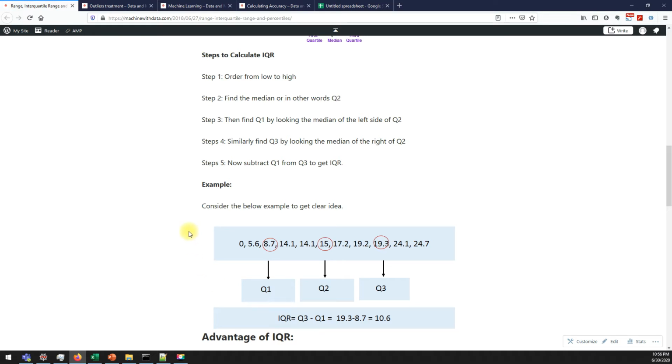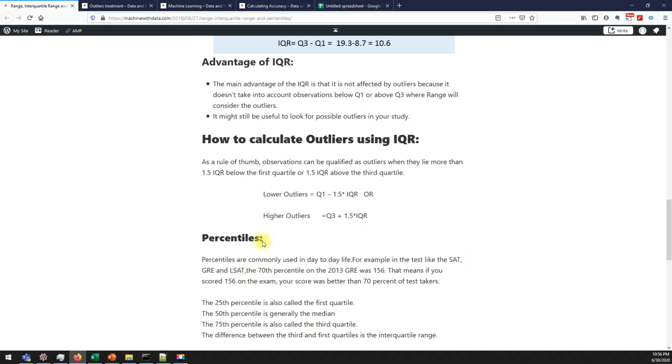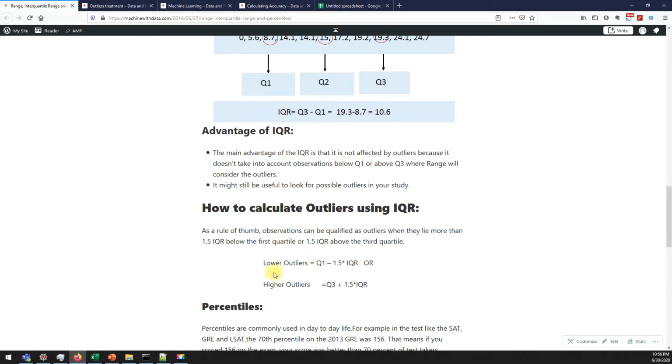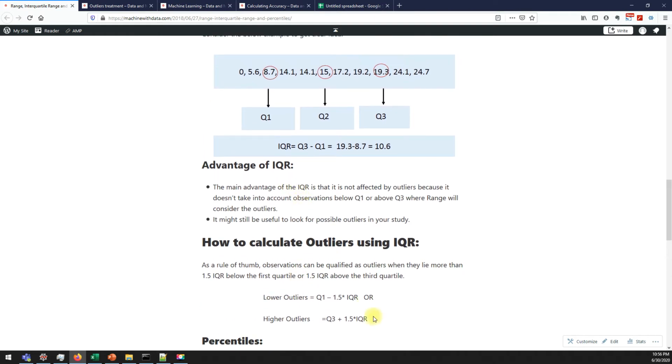As we have seen, outliers can be extremely big values, and outliers can be very low values, like in our previous example, where we saw 100 and -100. So we'll try to understand if we have any outliers for this given list of values using IQR. Now we calculate the lower outliers and the higher outliers; these are the formulas.